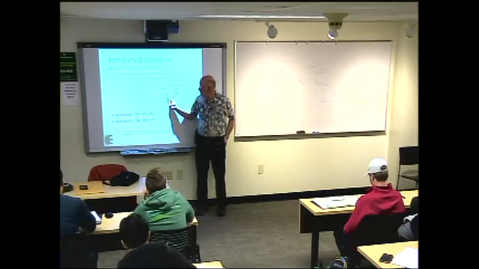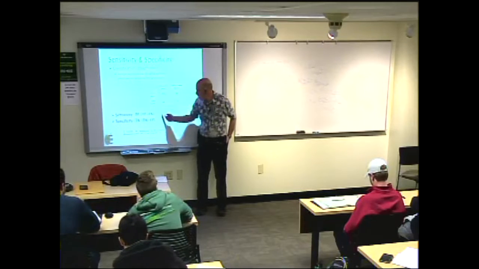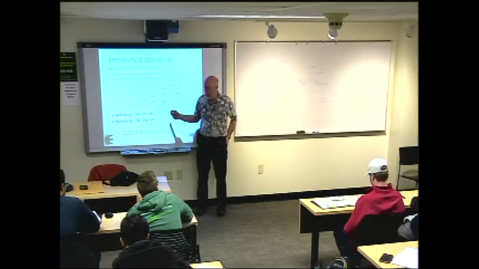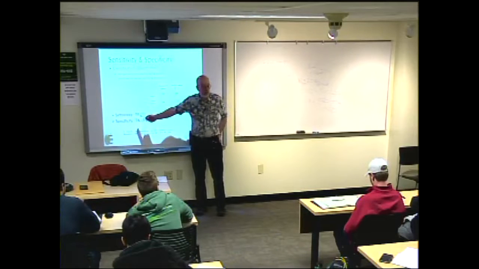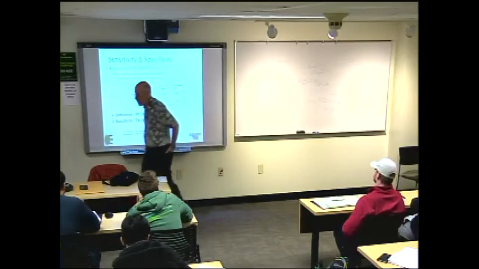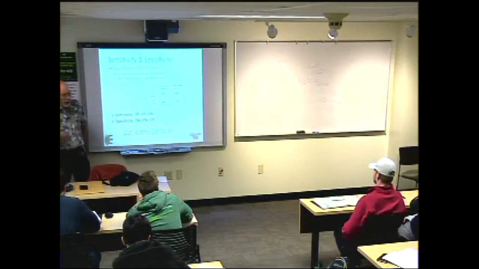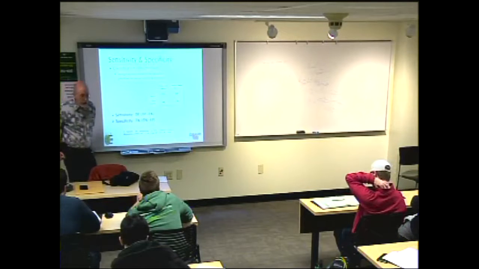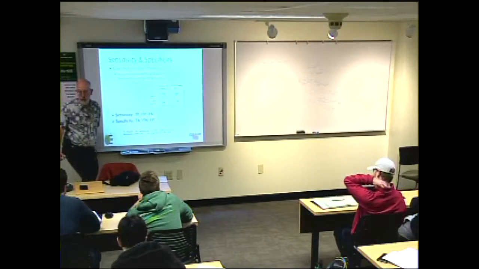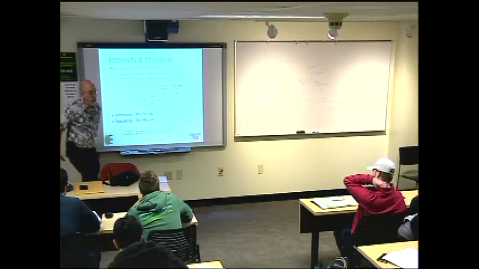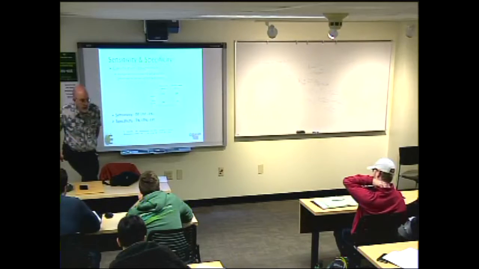So if I take this and I divide it by the total number of patients with the disease, that tells me how sensitive the diagnostic is. So for example, if there are 100 people that have strep throat, I give them the rapid test, it finds 98 of them, says that 98 of them have strep, 2 of them don't. That test is 98% sensitive, okay?